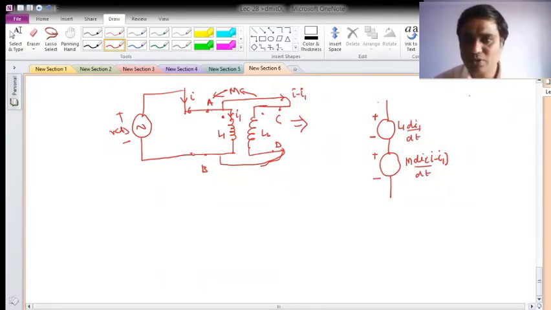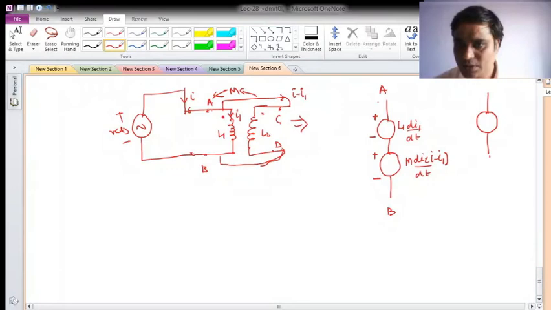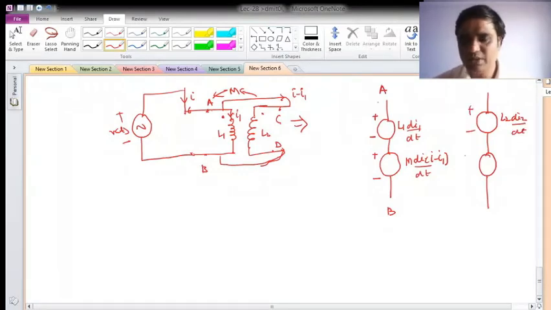Same way for this coil CD, this is for A and B. Let me draw for C and D also. So C and D, it will be L2 di2 by dt. What about the polarity? Simple here.